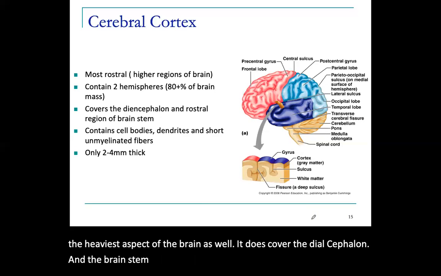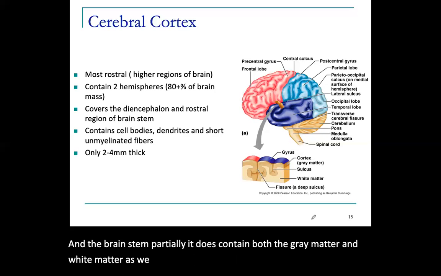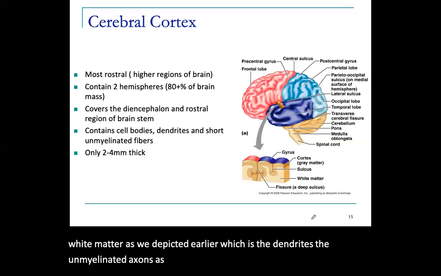It does contain both the gray matter and the white matter, as we depicted earlier, which is the dendrites, the unmyelinated axons, as well as your myelinated axons.